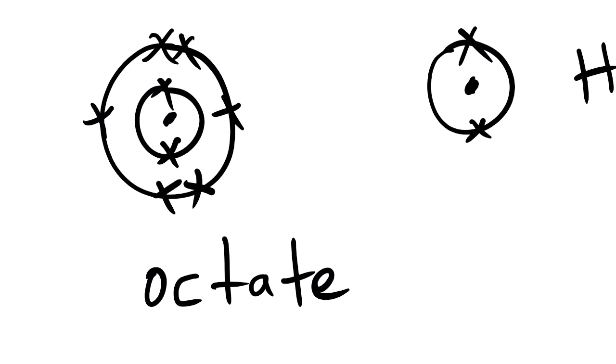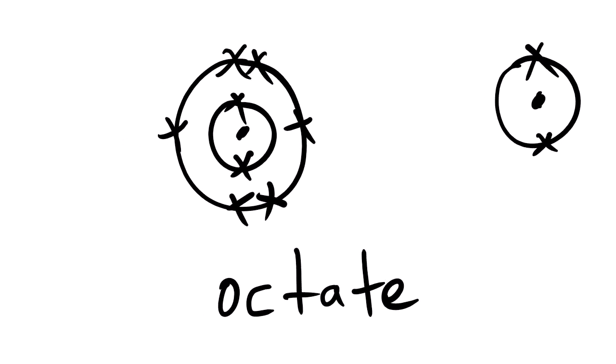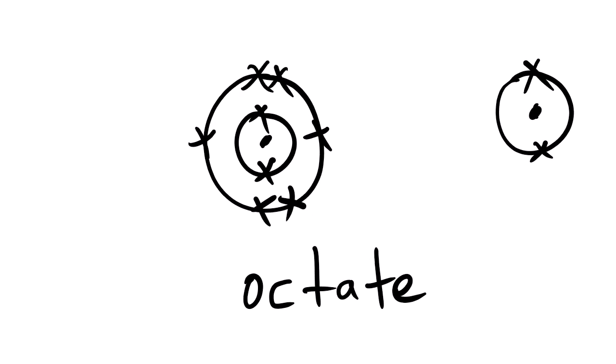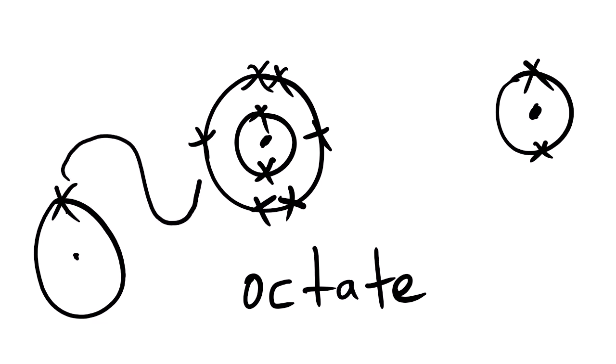So in this case, this hydrogen will look for electrons from any atom. For example, hydrogen has only 1 here.